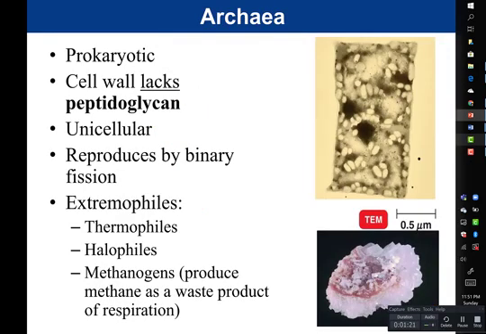Next, we have archaea, and archaea are prokaryotic, which means again that they also lack a membrane-bound nucleus, so they do not have a nucleus. Their cell wall lacks peptidoglycan. So they do have a cell wall, however, it is not peptidoglycan. It is something that's referred to as pseudomurin. So it is like peptidoglycan.